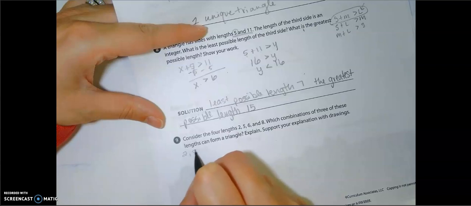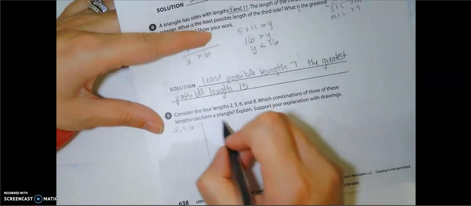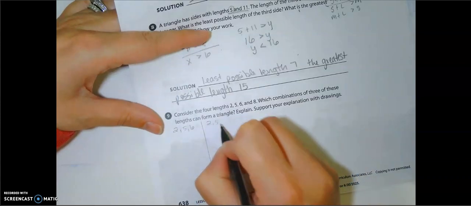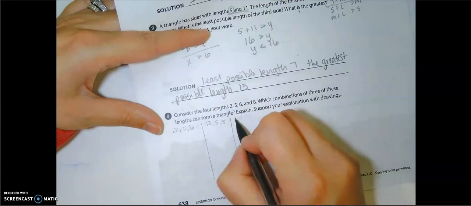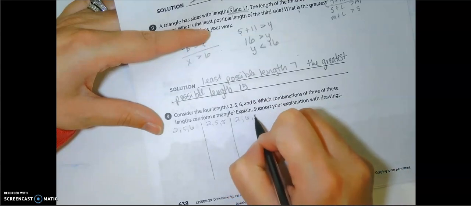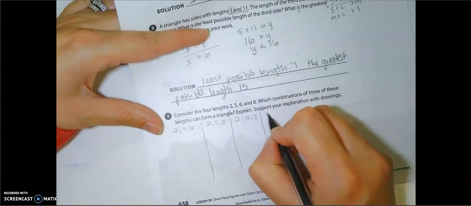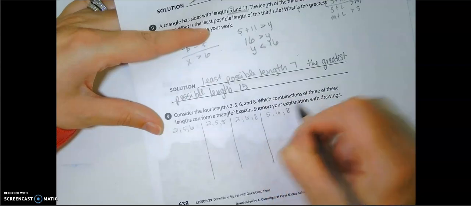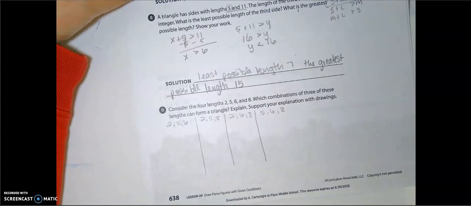I could have 2, 5, and 6. I'm going to have my work there for that. I could have 2, 5, and 8. So there's where that work's going to go. I could have 2, 6, and 8. I could have 5, 6, and 8. And those are all the different possible combinations that we can create.